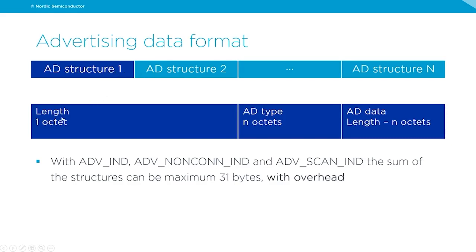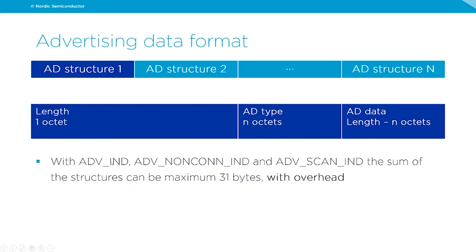Inside each structure, the first octet, or first byte, is the length. Right after the length is the ID type, which can be 1 byte or 2 bytes. And then you have the actual data, whose size is equal to the length minus 1 or 2 octets, depending on the type.